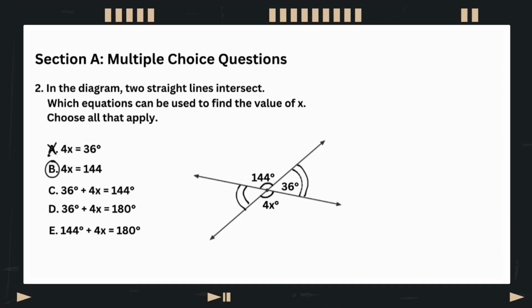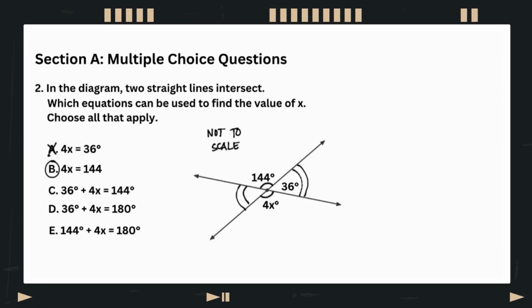If you take a look at the given figure, the 36 degrees looks bigger than 144. Hence, this one is drawn not to scale.